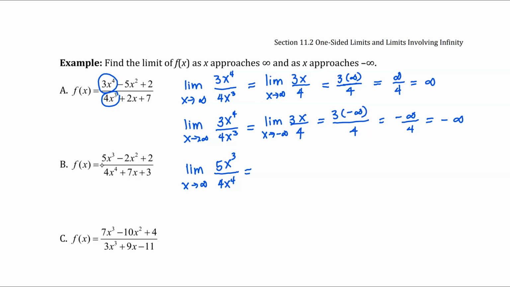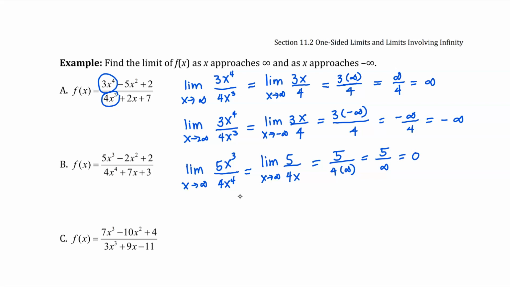You can cancel x cubed, both in numerator and denominator. So that will be simplified as 5 over 4x. Limit as x approaches infinity. Now we have 5 over 4 times infinity here. 4 times infinity is just infinity. So 5 over infinity, constant over infinity, is 0.